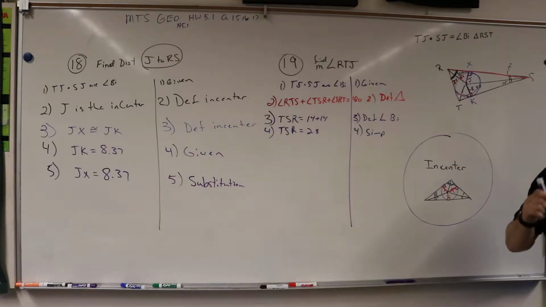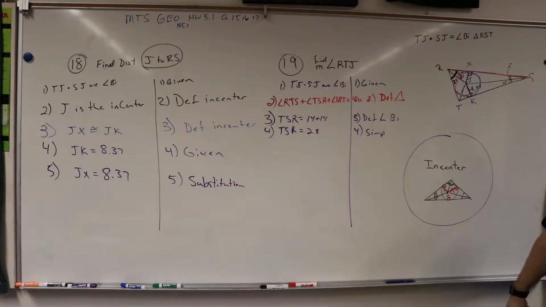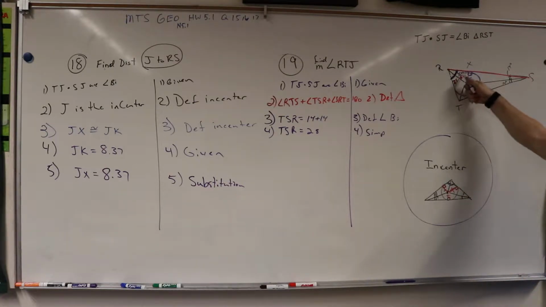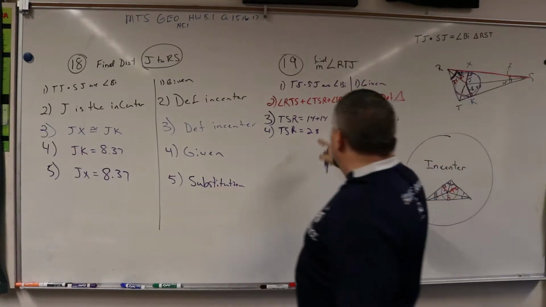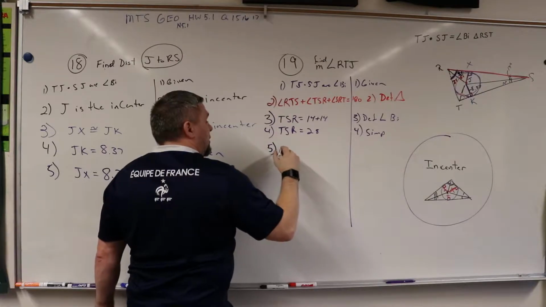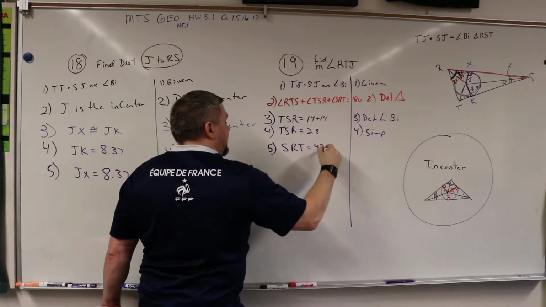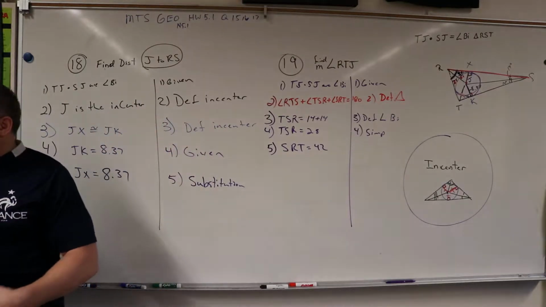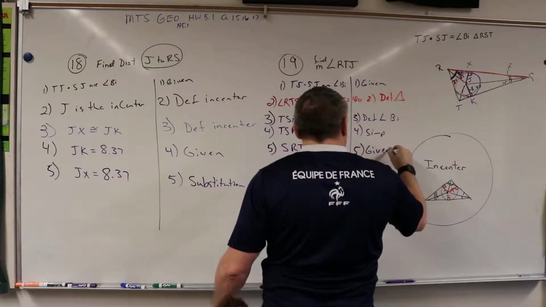Well, we got to do that again. Oh, do we? It gave us SRT, didn't it? It said SRT is 42. So, guess what? SRT is 42. It was given. Okay?